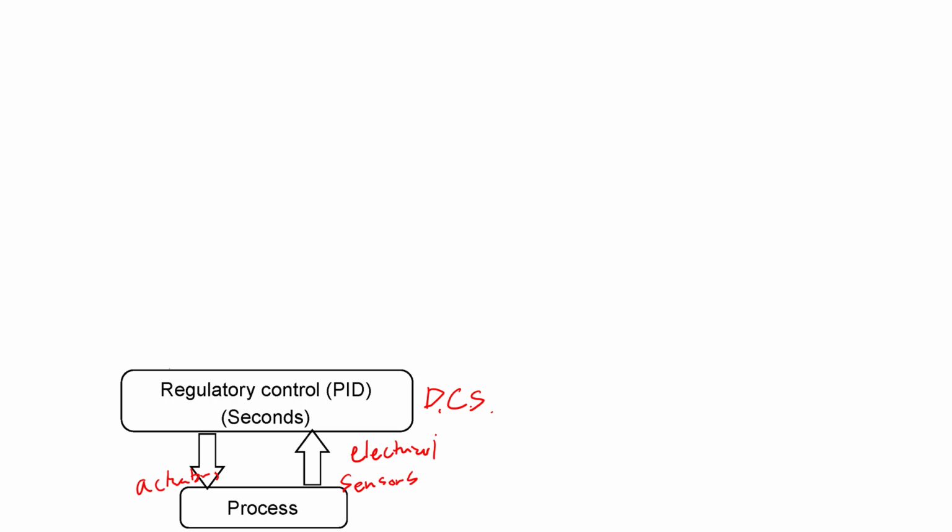Your sensor would send a certain current that would represent your temperature or your concentration. That would be read into your DCS, which is running all these algorithms, converting those electrical signals into temperature or concentration or whatever it might be, and running the PID algorithm to output your valve position, or in the case of a cascaded control system, going from your primary controller, pushing set points down to your secondary controller.